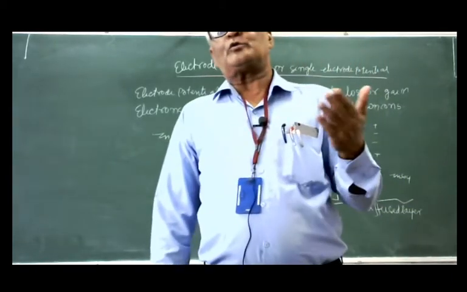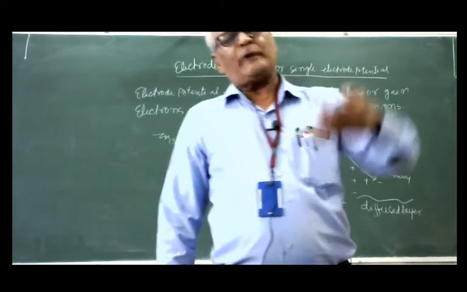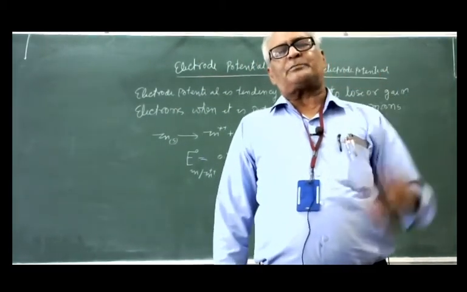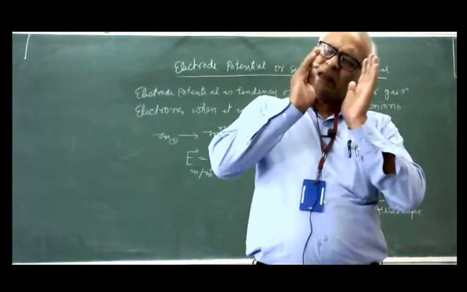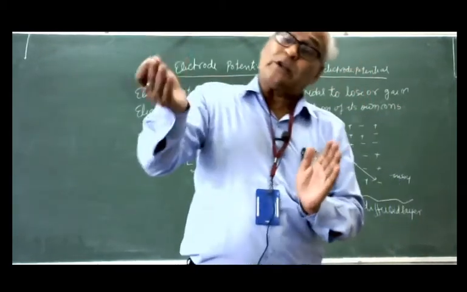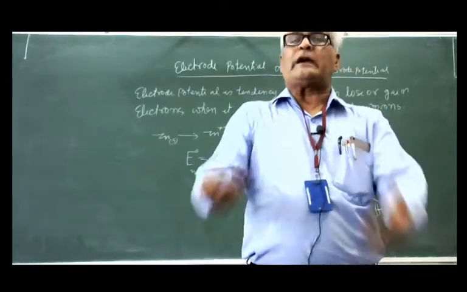While if you see the copper metal, when copper metal is put into copper sulfate solution, copper metal has very little tendency to lose electrons, but it has much more tendency to gain electrons.